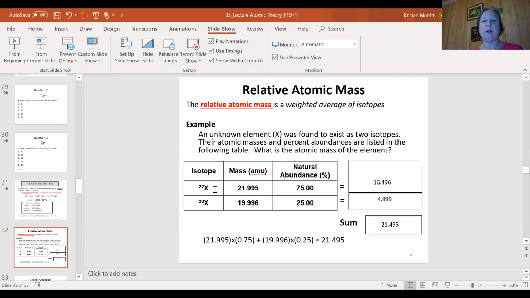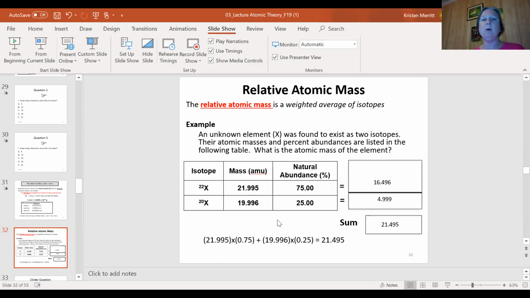So if this isotope is 75% of it occurs naturally and it has this mass, but 25% of this element occurs as this isotope, that's significant enough. And because the neutron has mass, it actually can change the mass significantly. So what you do is you do a weighted average.